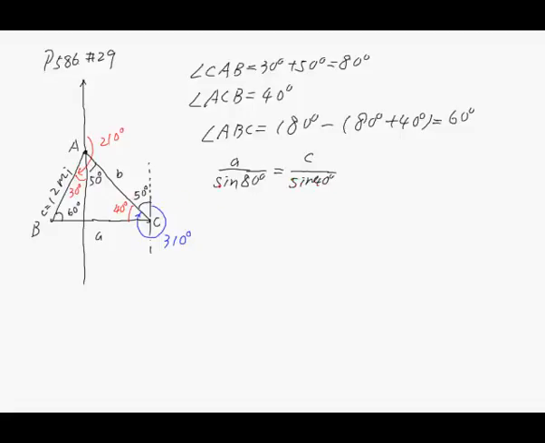And then from here you can find a, which is equal to c, 12, times sine 80 degrees over sine 40 degrees, and approximately this is equal to 18.39 miles.